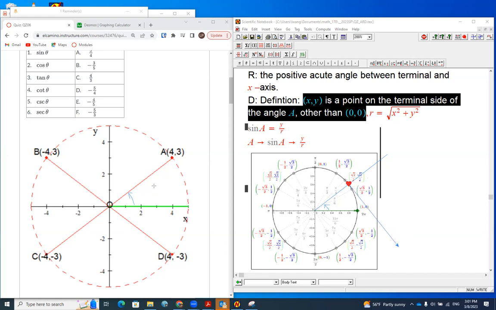This angle is alpha. This terminal crosses the unit circle at this point, and this point is going to be cosine alpha, comma, sine alpha.